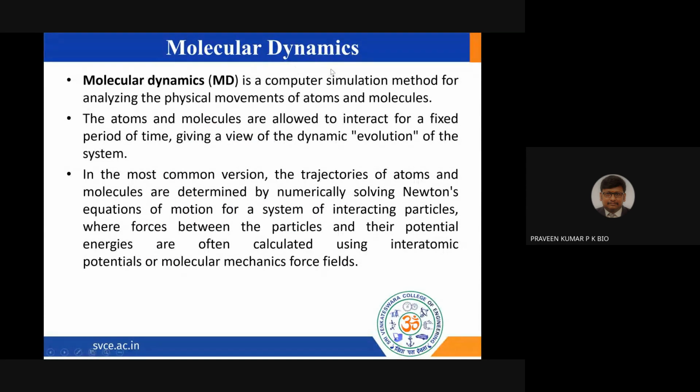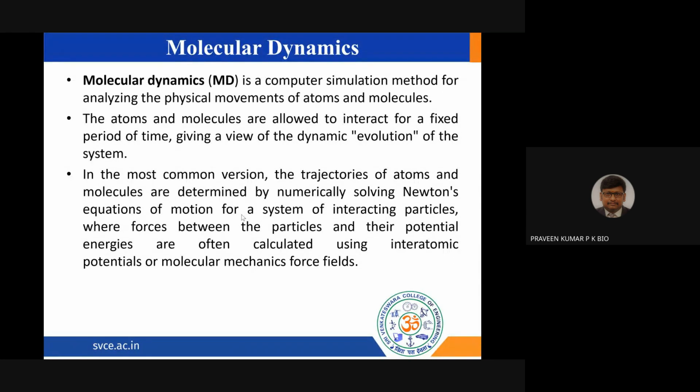Actually, if you see the MD simulation, this is derived from computational biophysics. Okay, not chemistry and mathematics. So majorly you should have biophysics knowledge. So what is the equation we use for checking the movement? By default, we use Newton's equations of motion. There are different equations of motion, isn't it?